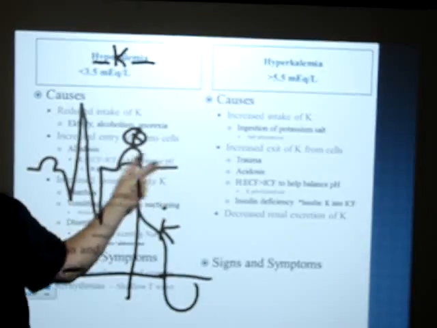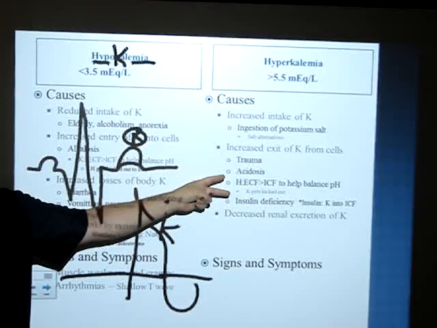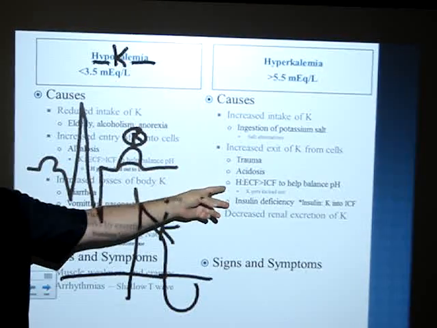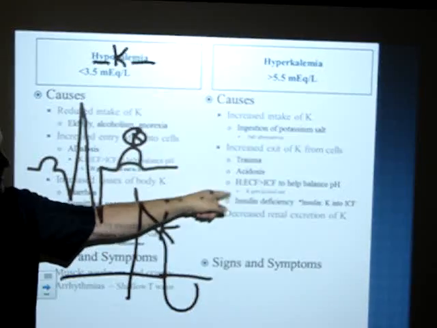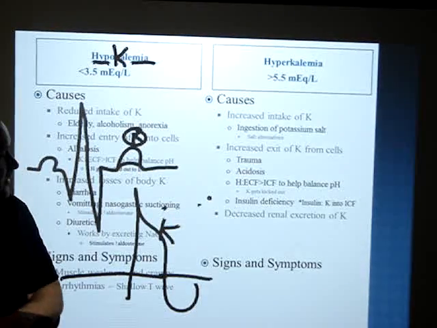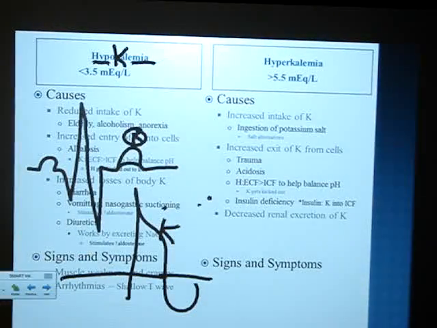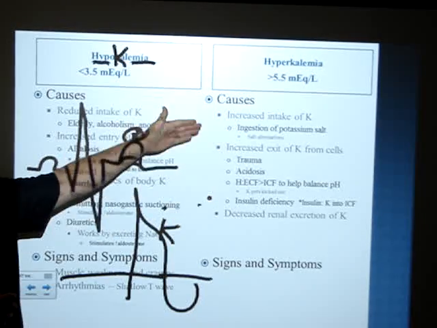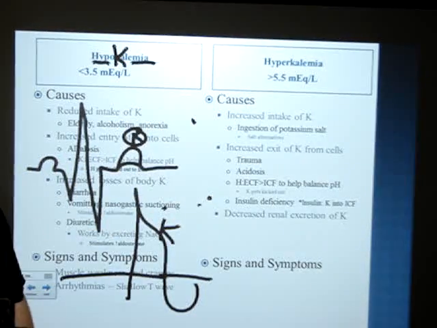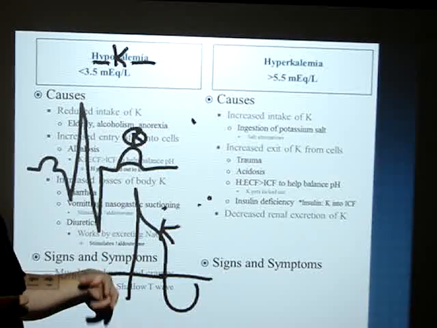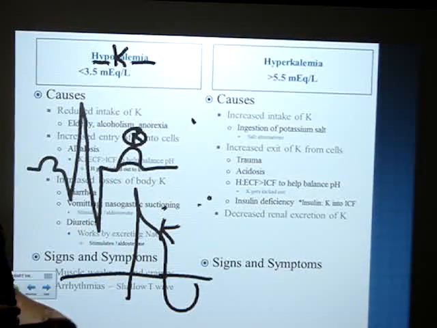Again, we'll look at both of these things when we talk about especially diabetic ketoacidosis, that's big time has to do with potassium on that, okay? And of course, insulin deficiency, insulin actually kicks potassium into the intracellular fluid. Alrighty, so if you don't have enough of it, you're going to have it outside, and therefore too much of it outside the cell.